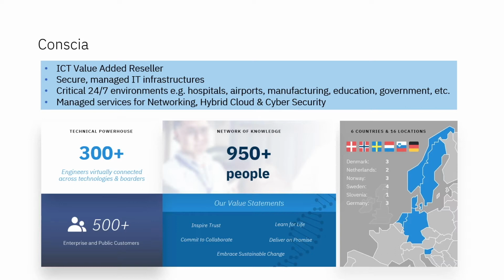So we are now part of a company that is based in the Netherlands and Germany, Denmark, Sweden, Finland, Norway, and Slovenia, and consists of more than 950 people, which is just one big network of knowledge, a technical powerhouse, and that's who we are. So it's great to be part of. We started out as a little company in the Netherlands, and a couple of years ago we were adopted by Consia, so we are now one big happy family with a lot of technical knowledge on the networking side.